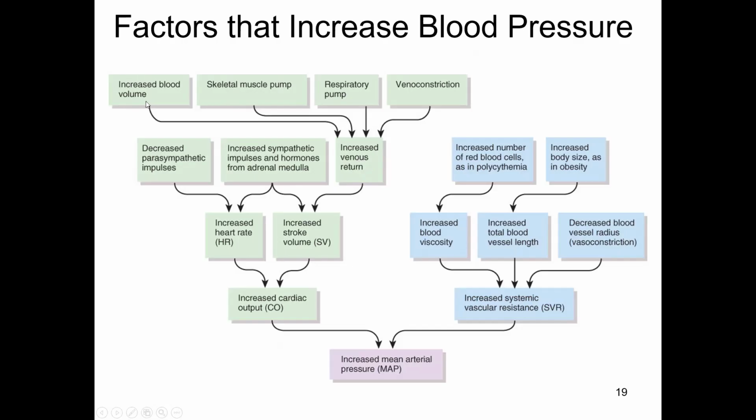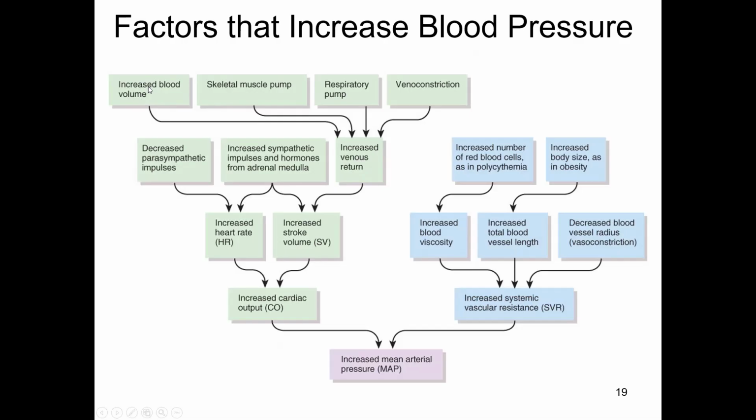What looks probably most weird is this increased blood volume. This is labeled here because at least some of our hormones that modulate blood pressure are acting through this handle.